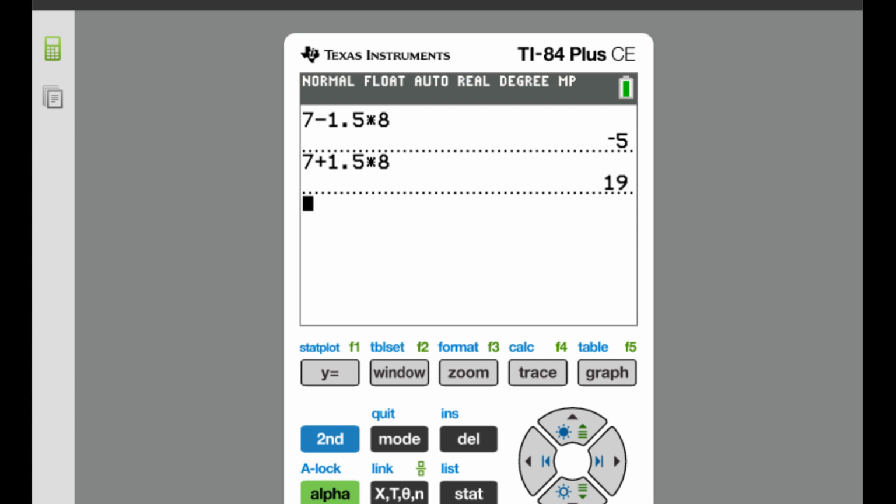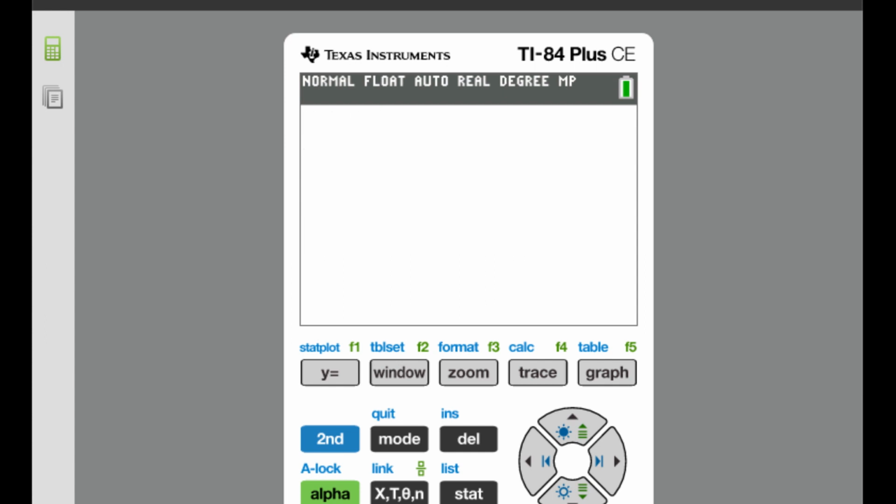So, -5 to 19. Double check. Do we do everything okay? Oops, sorry, I made a mistake.